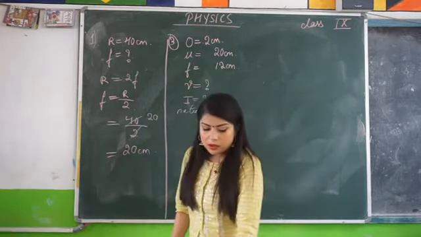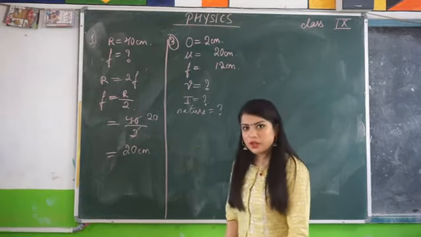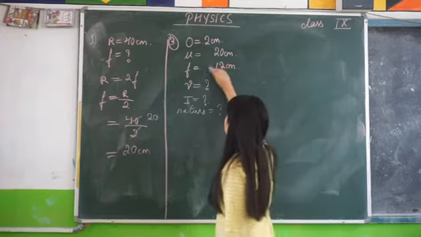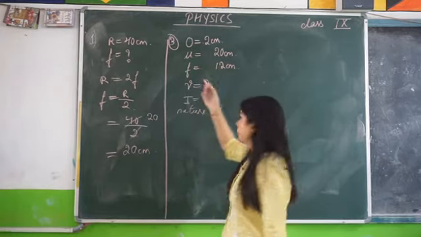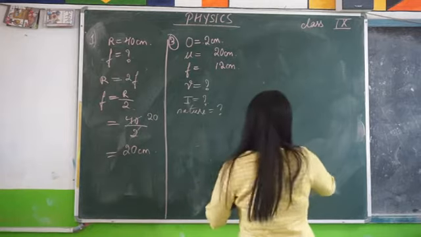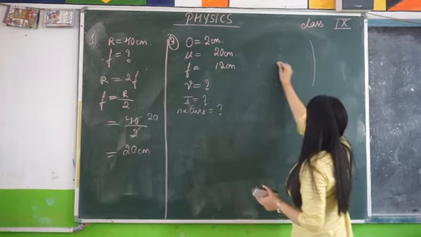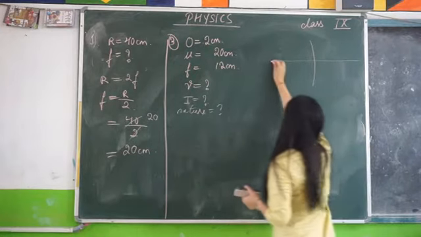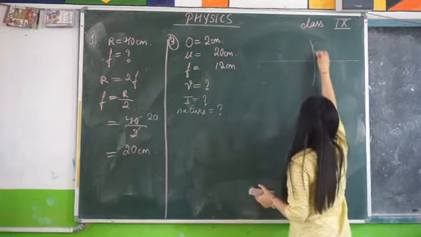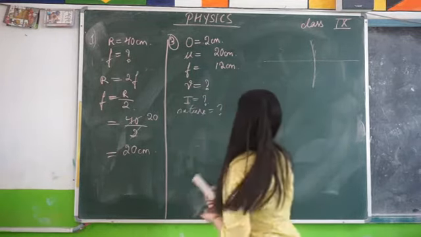Now, from the given information, we have to use a sign convention to see whether these things are positive or negative. For that, I'll draw a diagram, but this ray diagram is not necessary to solve the numericals. If you have an understanding of the sign convention, you can imagine those signs, but if you don't, you can refer to a diagram.